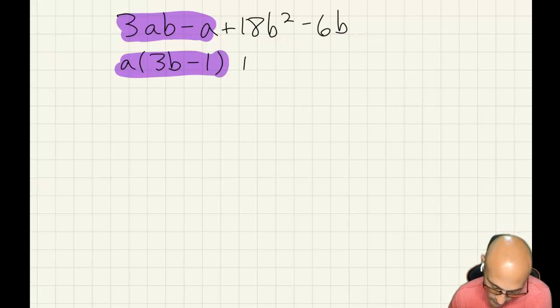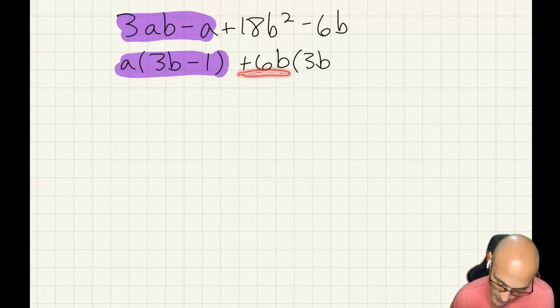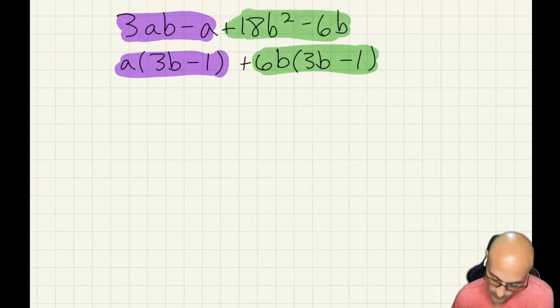So I'm going to do plus 6b times the quantity. 6b times what is positive 18b squared? Positive 3b. Positive 6b times what is negative 6b? Negative 1. And now we can see that this we got from here. Okay?